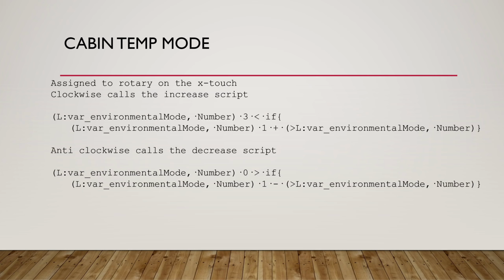The clockwise call is going to make it increase the number, but it's limited to 3. We don't go above mode 3, and the decrease, the anti-clockwise, makes it subtract a number from the mode, but again making sure we don't go below 0. So they're the states, state 0, 1, 2 and 3.